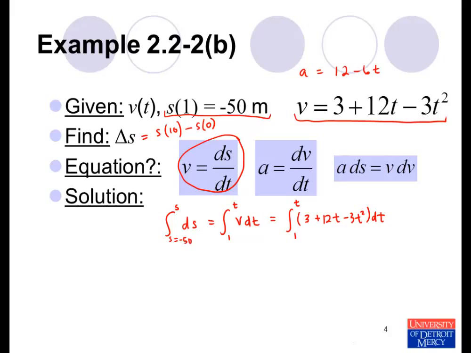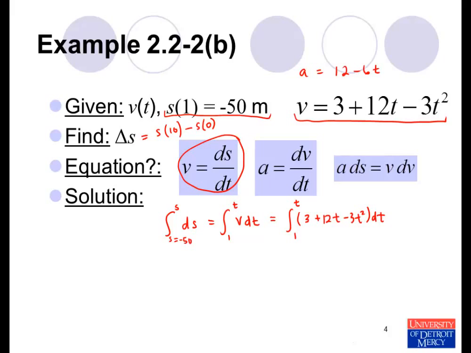Even if we had been given the boundaries of 0 and 10, for example, I could put 0 here and 10 here, or 1 here and 10 here, and then solve for the position at 10. It is often better to solve things symbolically.